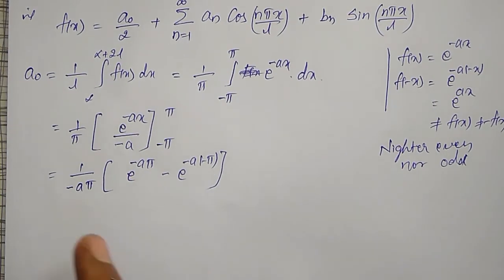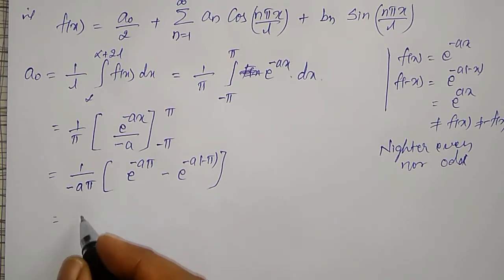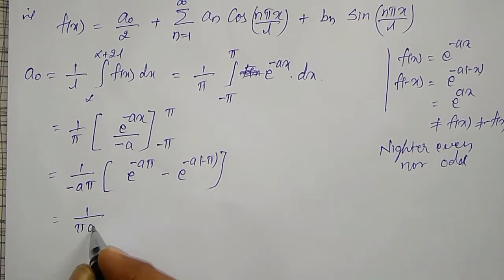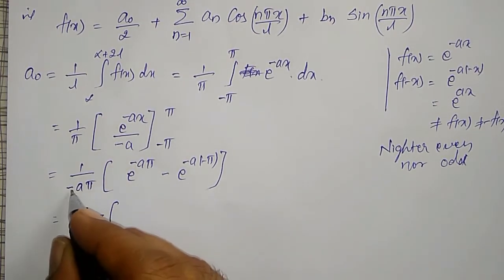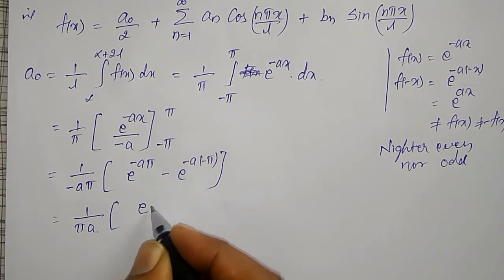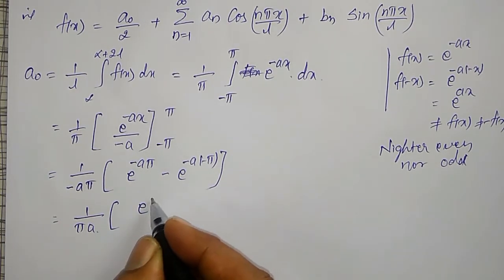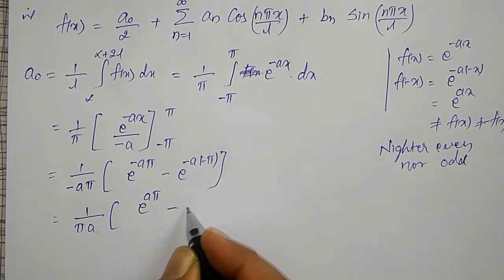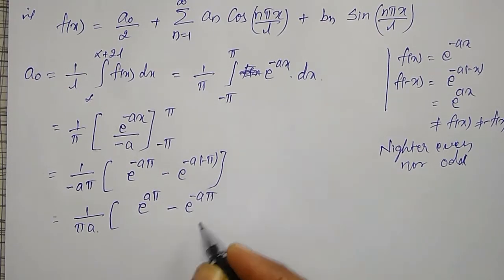Let me multiply this minus inside and adjust it to get the sine hyperbolic, that is 1 divided by pi a, into e to the power a pi minus e to the power minus a pi.